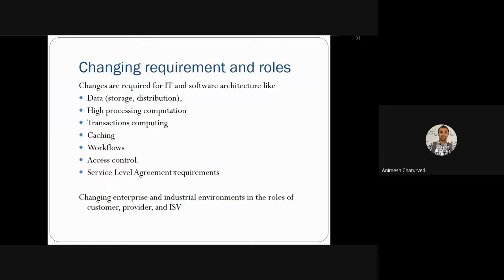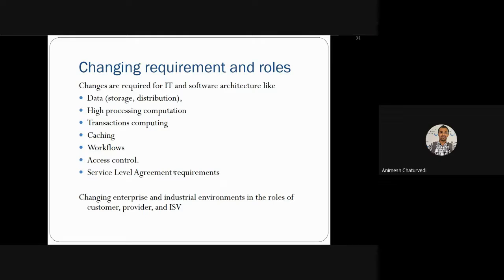Basically IT and software are evolving very fast, and these architectures are evolving. So what changes in the requirements of IT and software happened? Why did cloud computing come up so brightly and become so much in demand? The major issue is data and storage, that is, how distribution of data could be done so that no single point of failure could exist, and how large scalable storage could be managed.